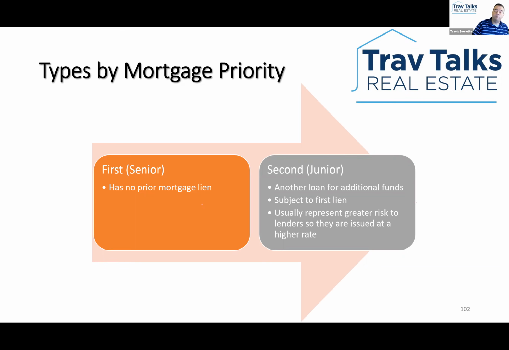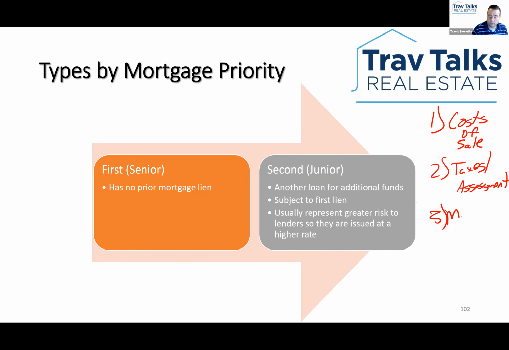Remember with lien priority, when a property is sold, you've got the cost of the sale first, which would be like the foreclosure cost if there were any. And then you've got taxes like property taxes and special assessments. And then you get to mortgages.